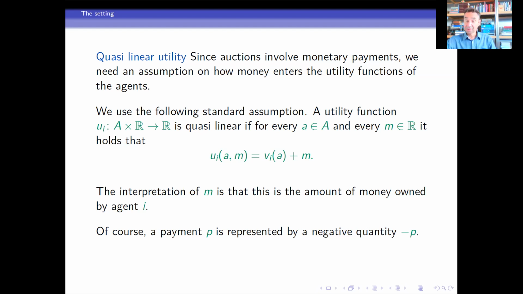That means that if I would give you 100 euros, then it does not matter how much money you already have. If you were broke, then the increase in your utility from that 100 euros is supposed to be exactly the same as when you would already be a millionaire. And that's of course a very strong assumption, right?